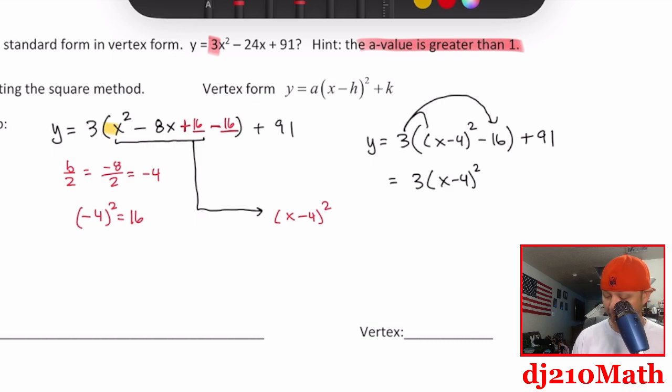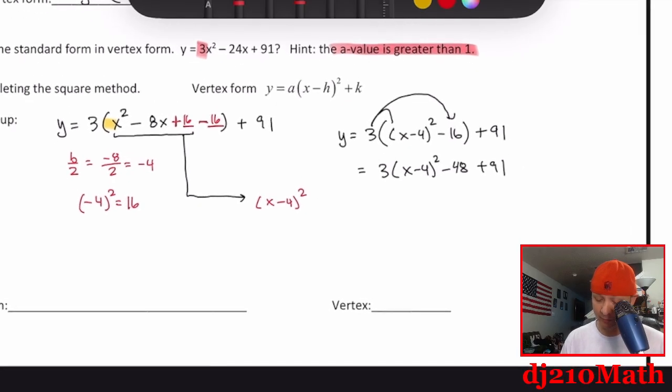And then 3 times negative 16. Okay, 3 times 6 is 18. Carry the 1, 48. And then plus 91. So you can see when the coefficient is 1 from the jump, this problem is so much easier. But when it's not 1, it's very involved.